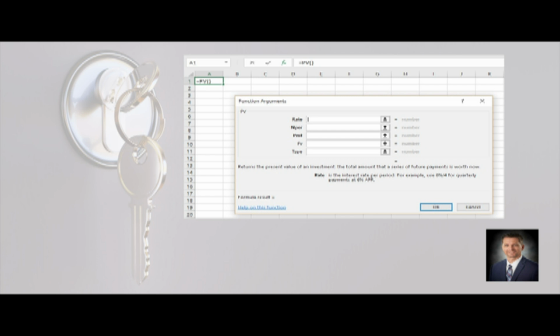Payments is not applicable. There were no payments that we were talking about. It was just whether we were going to have a sufficient starting amount. Future value was $1 million, and type is not applicable unless we're doing finance 201 type calculations. So you can use that in Excel to come up to the same answer.